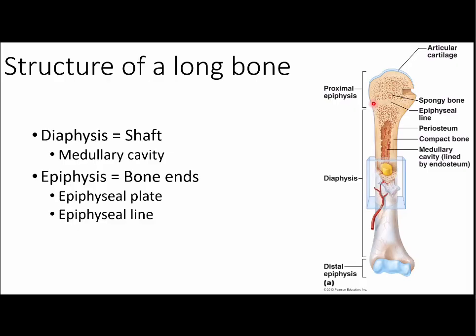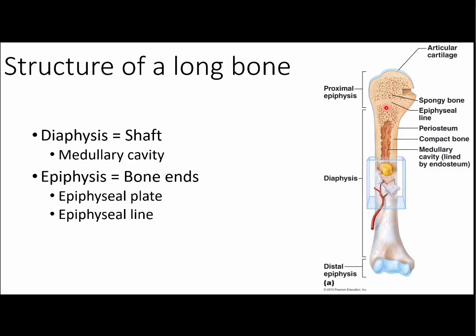So when we start looking at bone growth, this was at one point kind of a plate or a line of cartilage that helped with our bone growth, and we'll go into detail with that in the next lecture. It was a disc of hyaline cartilage. It grows throughout adolescence and your childhood to help lengthen your long bones. So in an adult bone, it's just referred to as the epiphyseal line, which is where that plate used to be.